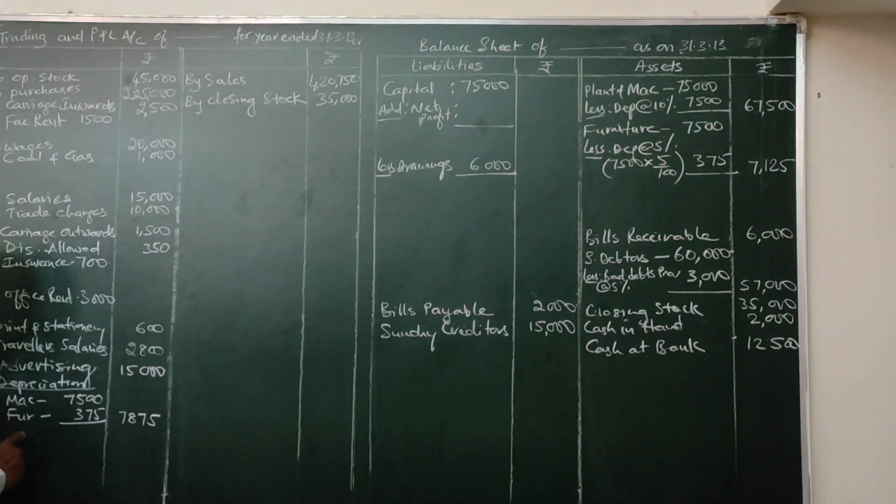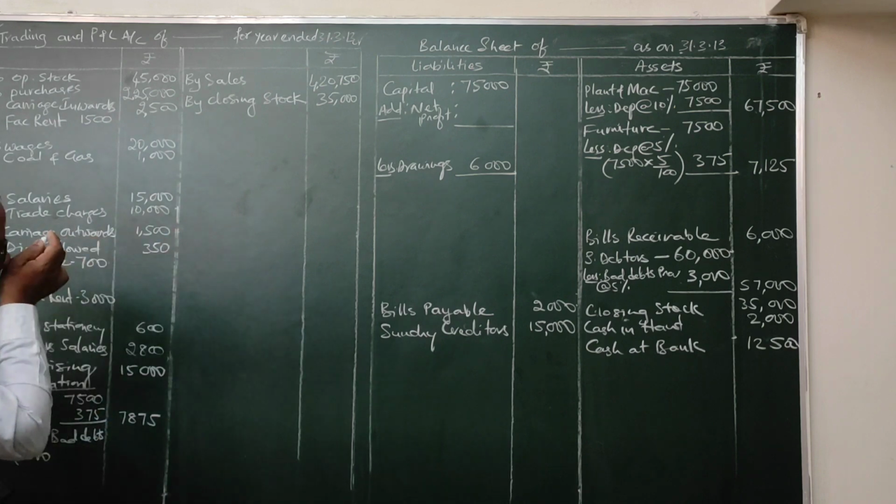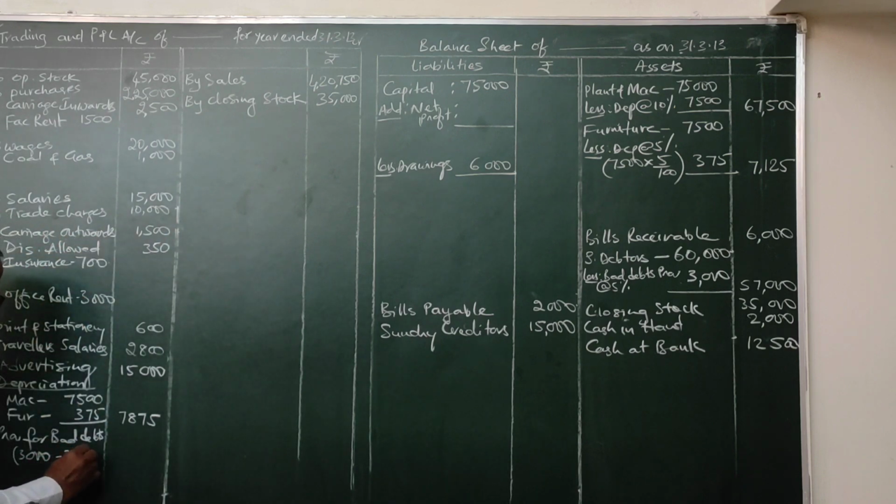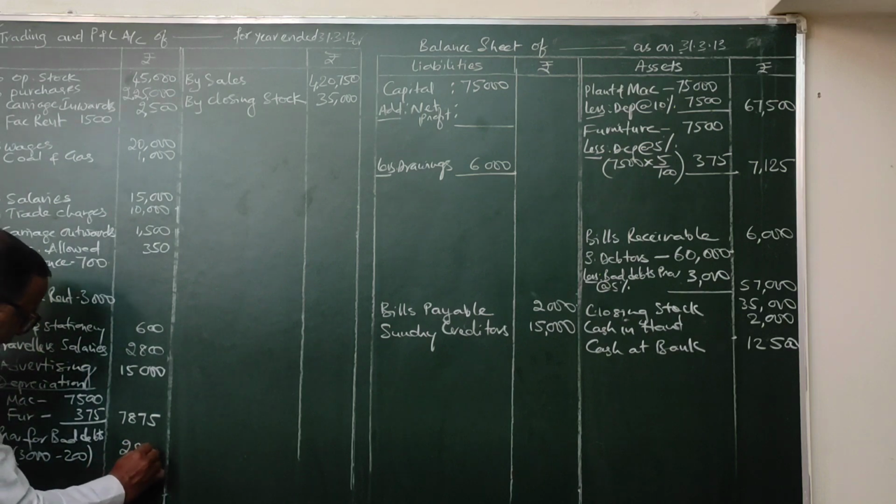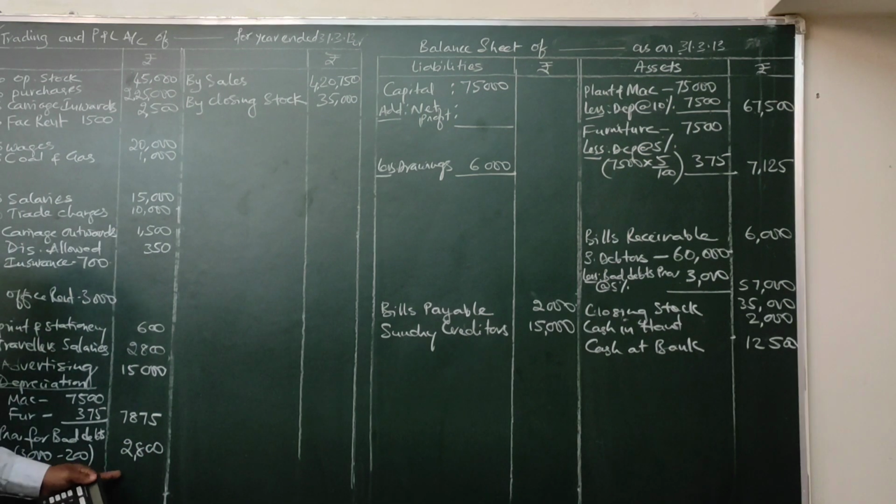So here you debit to your profit and loss account, to provision for bad debts or bad debts provision. The new provision you calculated here was 3,000, whereas the old provision was 200. So if you subtract 200, the remaining 2,800 you write on the debit side here.